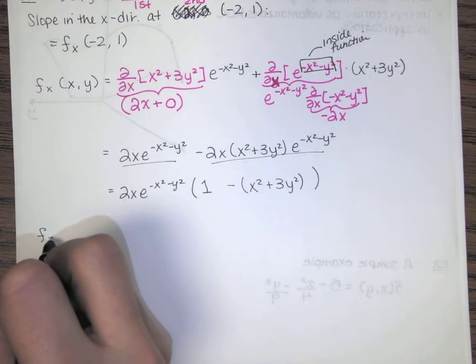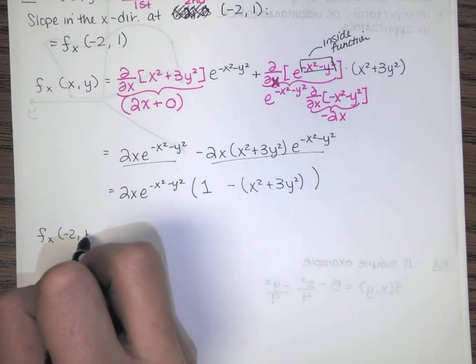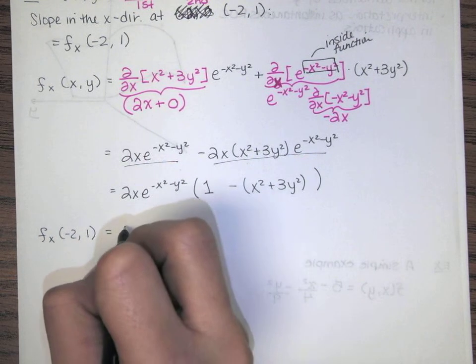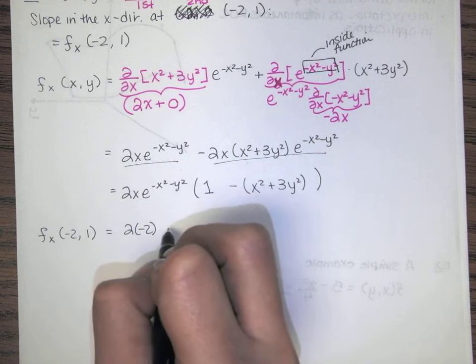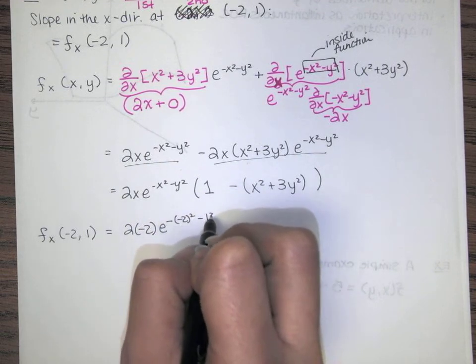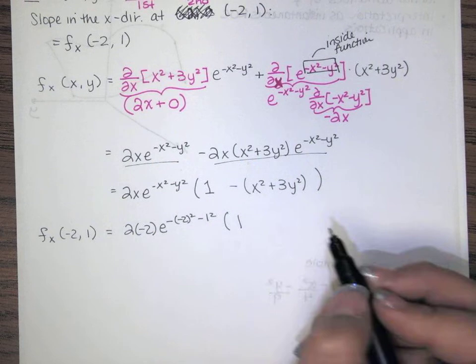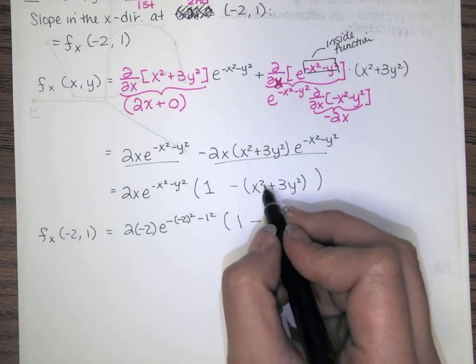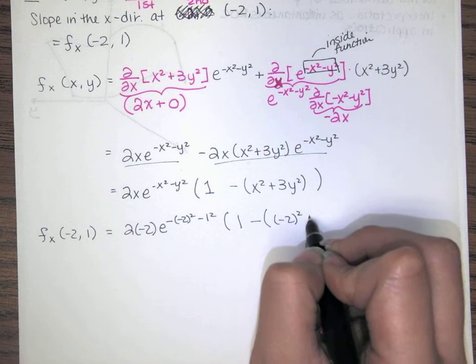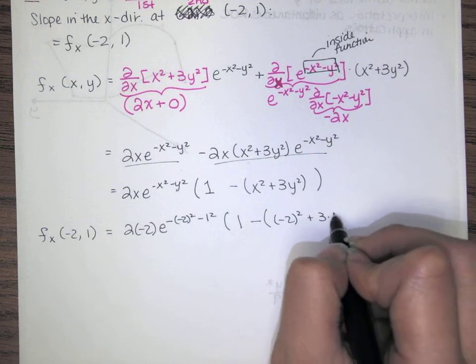So let's evaluate it at the given point, -2, 1, to determine the slope in that direction. So I've got 2 times -2 times e to the -2 squared minus 1 squared, all multiplied by 1 minus x squared, so that's -2 squared, plus 3 times y squared, that's 1 squared.